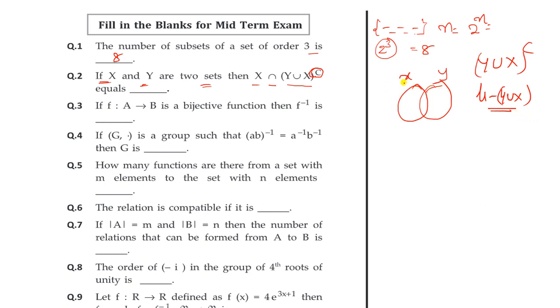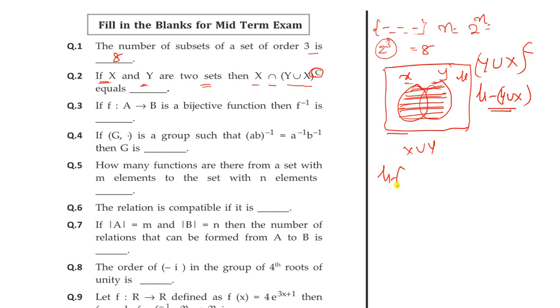Let us have 2 sets, x and y, so this is the x, y sets. So what do you mean by x union y? It means all of these sets, x union y. Now tell me, what is the complement?